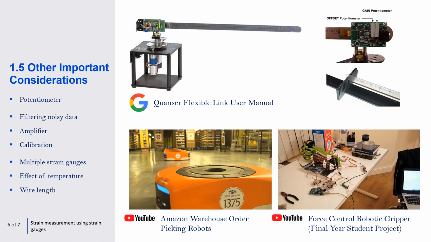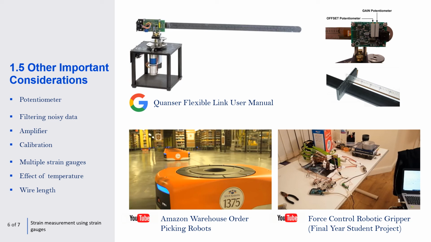So other important considerations: the potential use of a potentiometer when the bridge is initially not balanced prior to a load being applied. The voltage output from the Wheatstone Bridge will contain noise, so possibly use a low pass filter, perhaps an RC circuit. The voltage coming out of the Wheatstone Bridge is in millivolts, and the use of an amplifier would then increase this to something which is perhaps more usable.